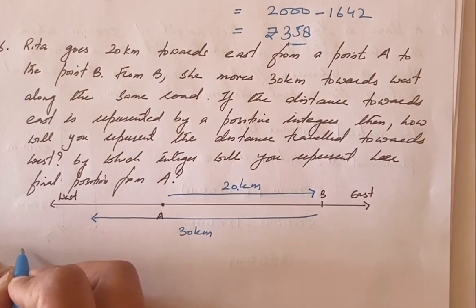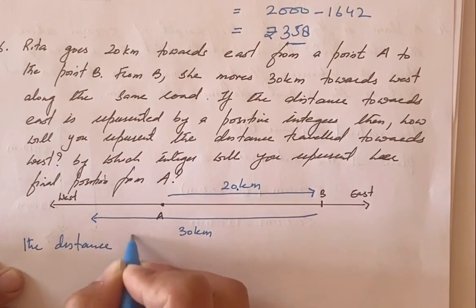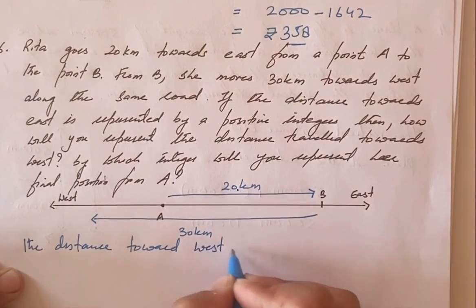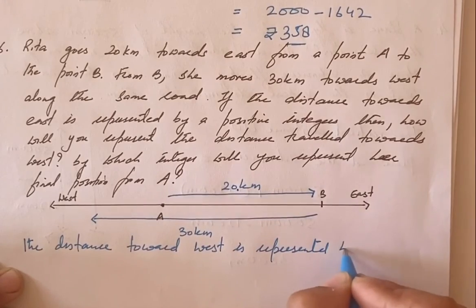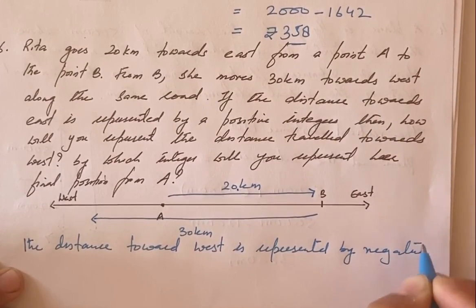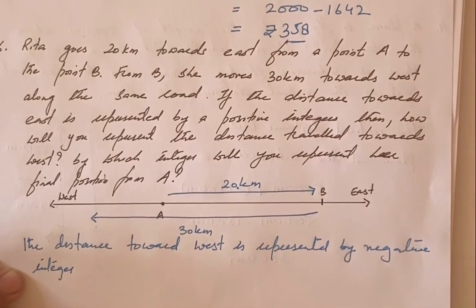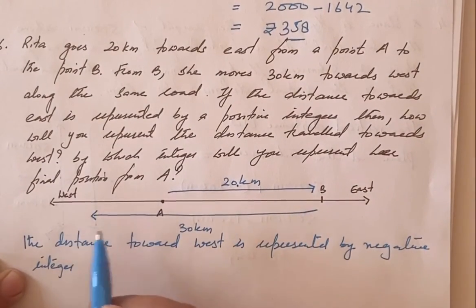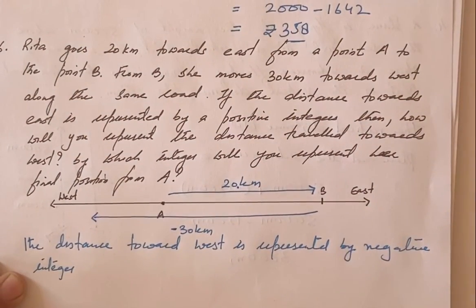So the distance towards west is represented by a negative integer. Obviously, if the east side is represented by positive, then the west side is represented by negative. So this will be minus 30 kilometers.